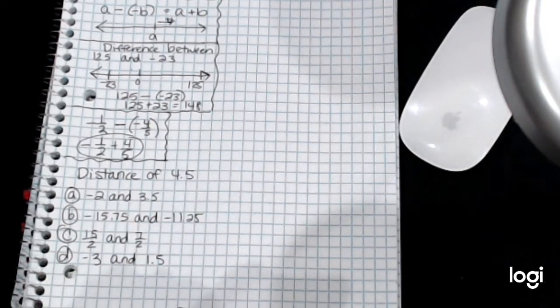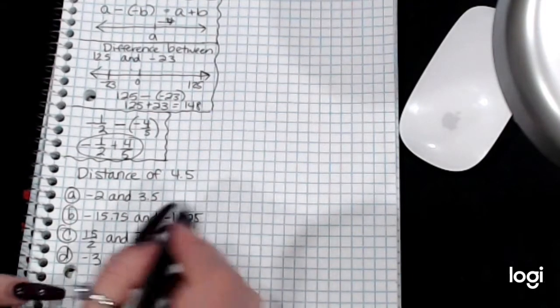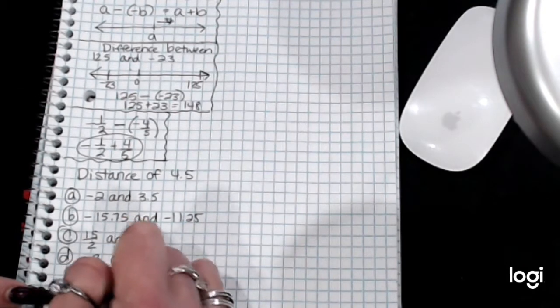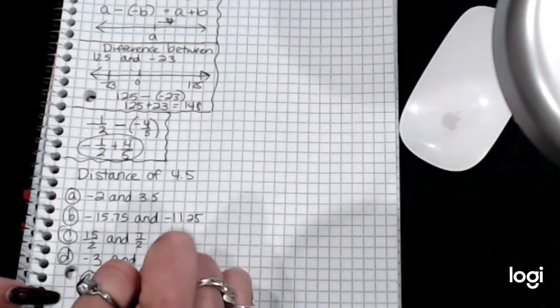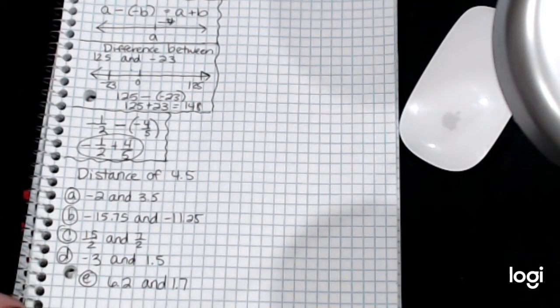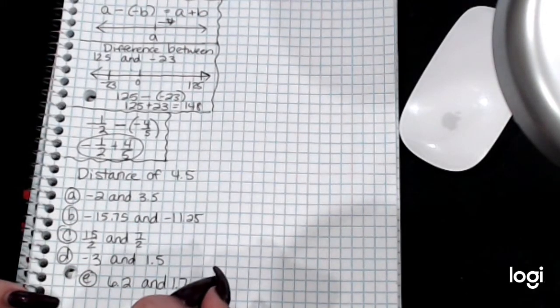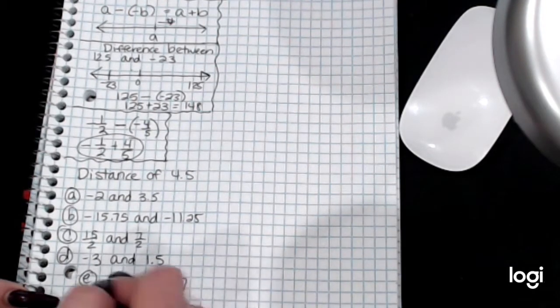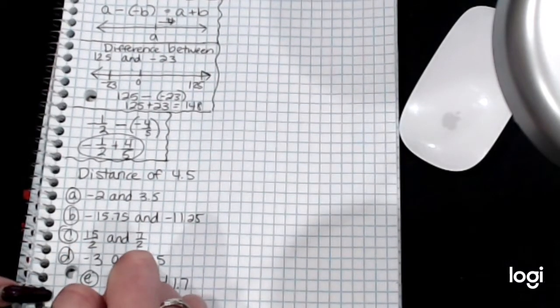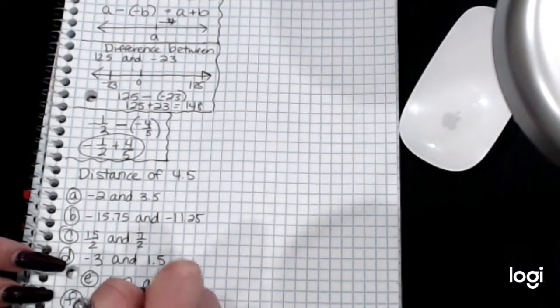And I'm going to squeeze in 2 more, so we'll do E could be 6.2 and 1.7. And these could both be positive or negative. We'll leave them positive. Last one, negative 16 and 19 halves.